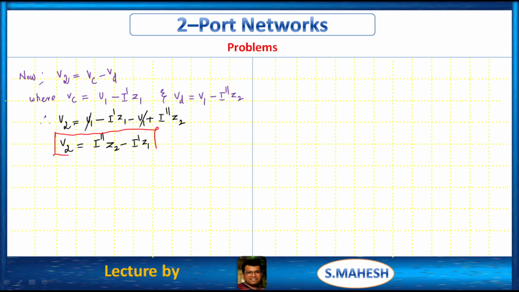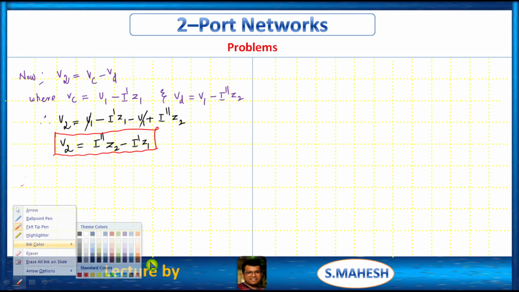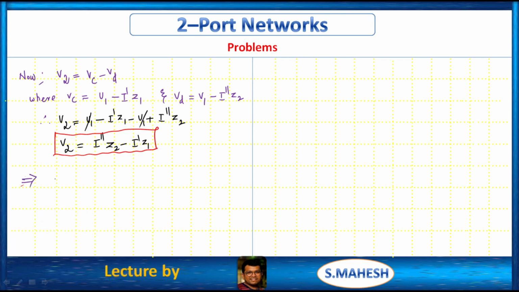This is V2. Next, what we have to calculate? Individual currents I1 dash and I1 double dash. I1 dash is the total current, applying the current division principle, into the opposite branch impedance, Z1 plus Z2, by the total impedance, 2 into (Z1 plus Z2).